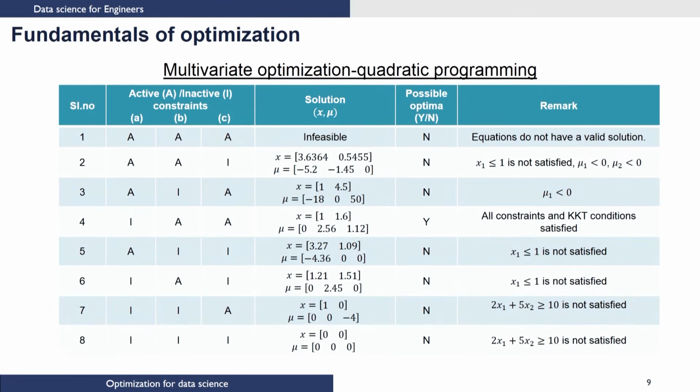Now, we have 3 inequality constraints, and each of these constraints could be either active or inactive. So, there are 2 possibilities for each of these constraints, and since we have 3 constraints, there are 2 to the power 3 possibilities, which equals the 8 possibilities that we have here.